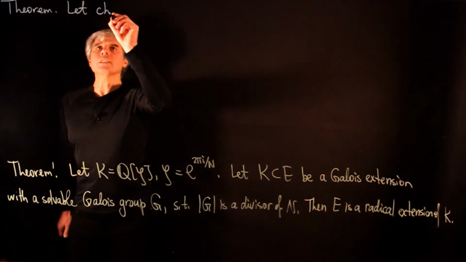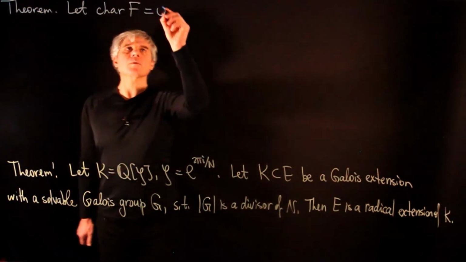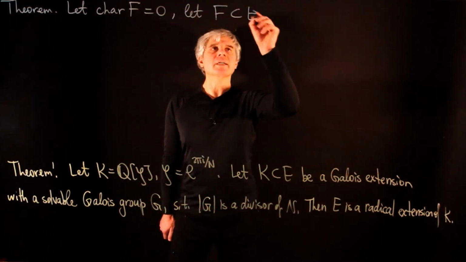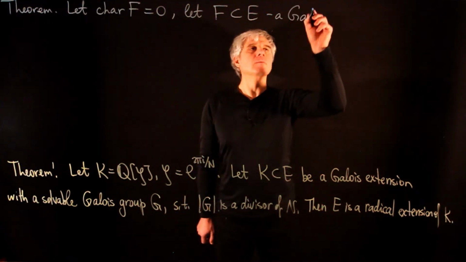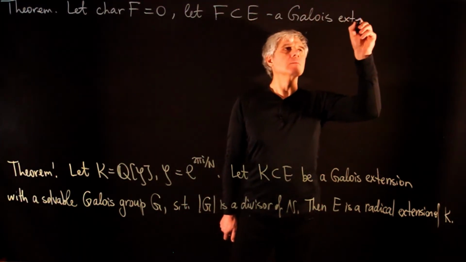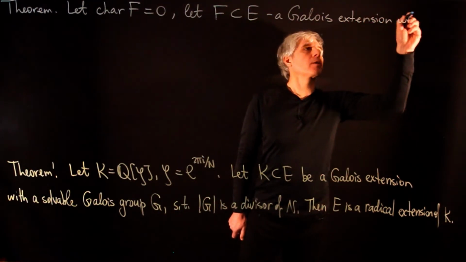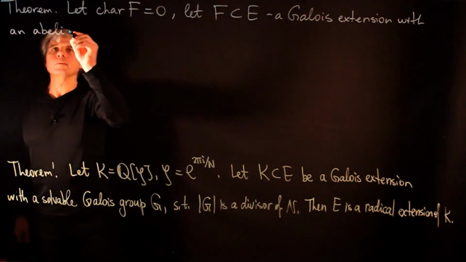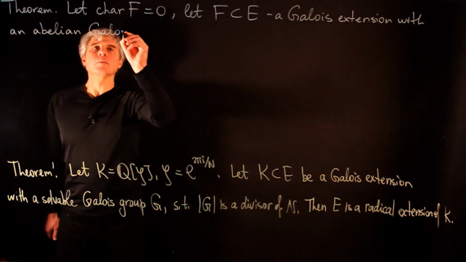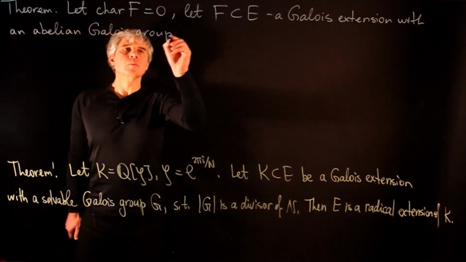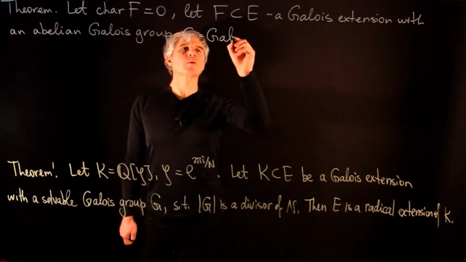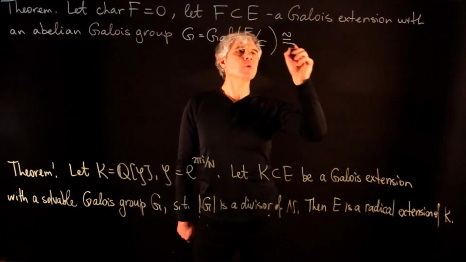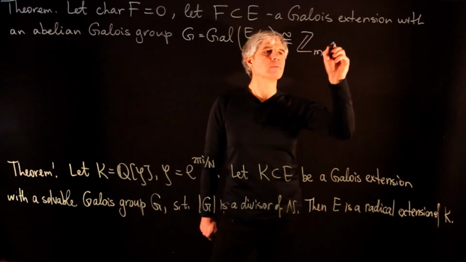Suppose the characteristic of a field F is equal to 0, and let E be a Galois extension of F with an abelian Galois group G, which is the Galois group of E over F, and we know that each abelian group can be decomposed as a direct sum of cyclic groups.